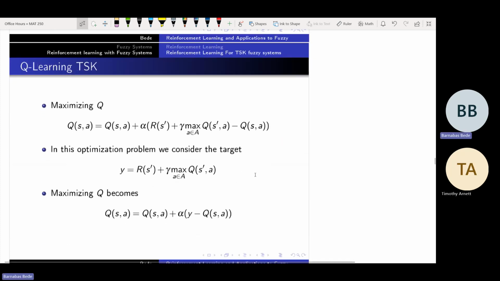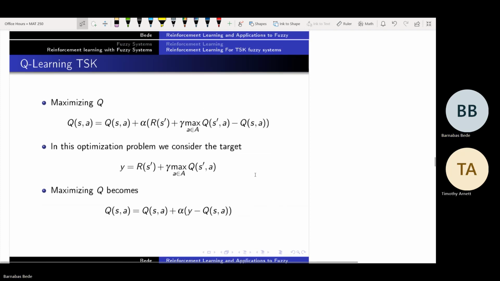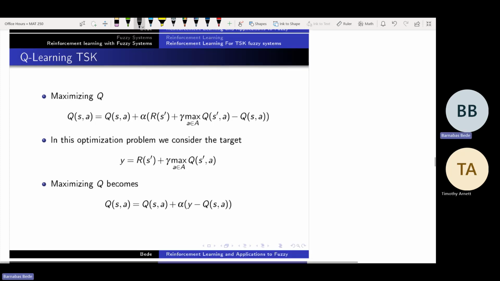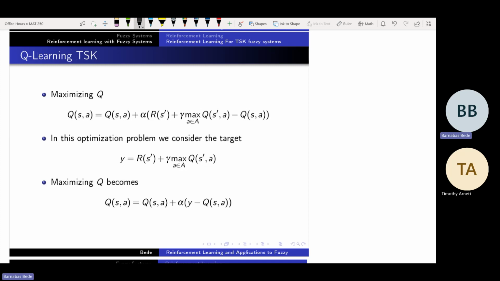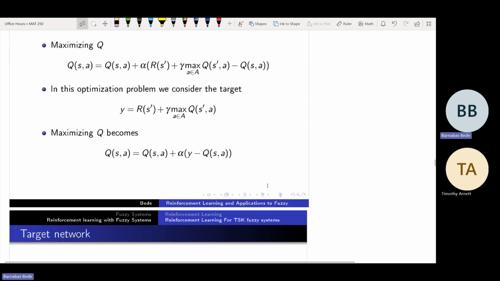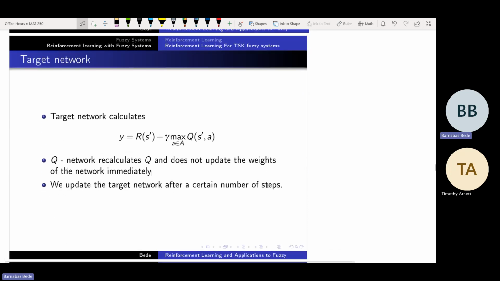So here are the steps again for the target network. With Q-learning TSK, we can use the same equation for Q. We can use the same target. The Q of S,A equations become this way, and we can again do updates, not every step, but after a certain number of steps.